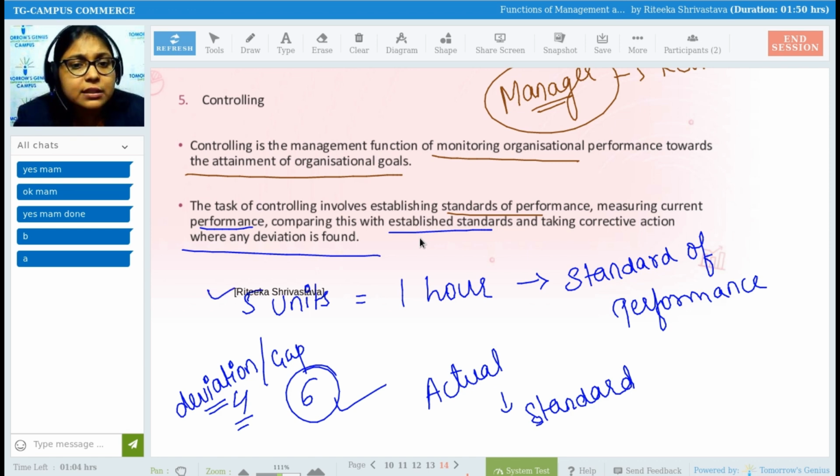There is a deviation because she is producing less. So in this case, manager will take a decision and try to solve this problem: why Mridula is producing only 4 units, whereas the standard of performance is 5 units.